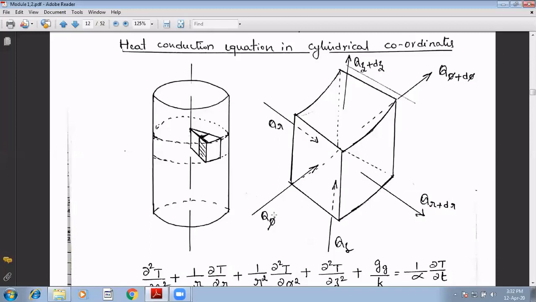Now the derivation part is similar to the Cartesian coordinates. So qr is entering and qr plus dr is leaving in the radial direction. q phi is entering and q phi plus d phi is leaving in the tangential direction. qz is entering and qz plus dz is leaving in the axial direction.